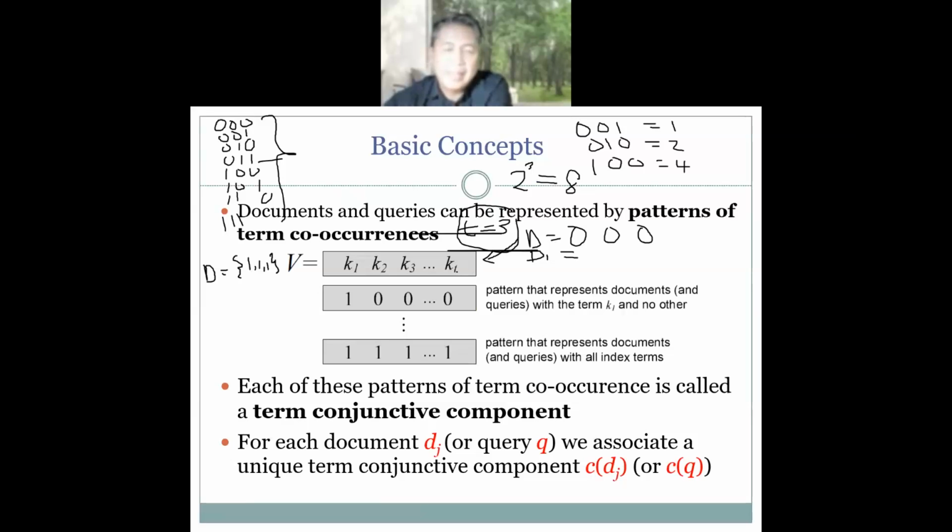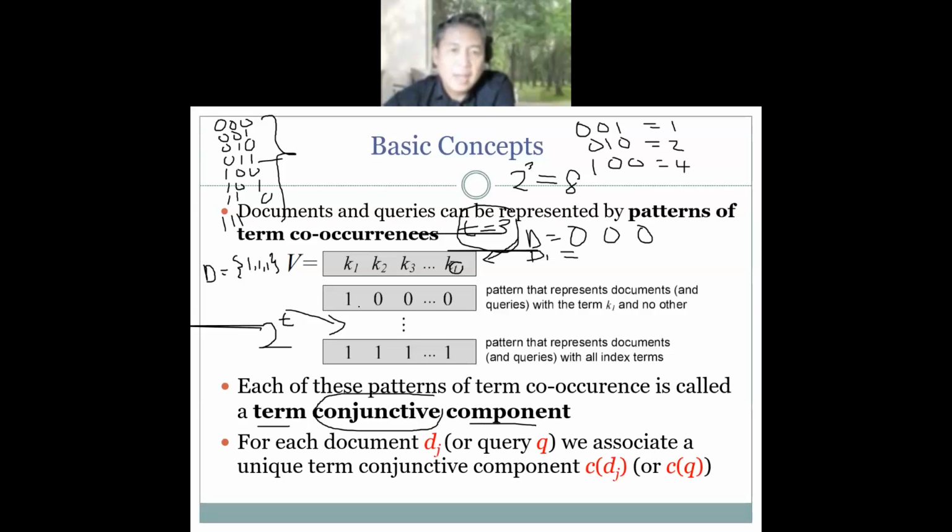But in this example, they generalize that if we have up to T keywords, we have 2 to the power of T possible combinations. So we have so many patterns. Each of these patterns of term co-occurrence is called a term conjunction component. Term conjunction means and.